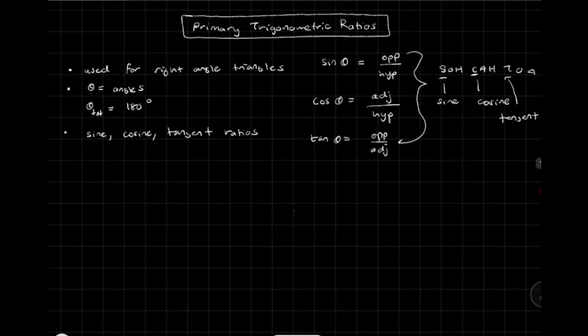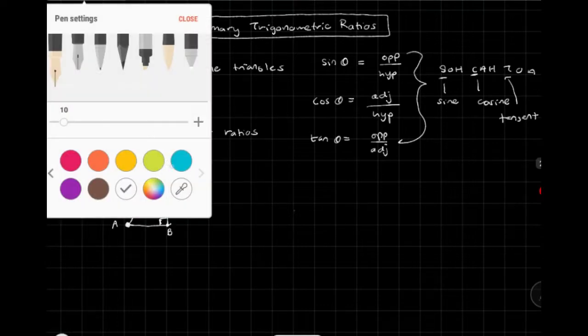Now let's take a look at what these side lengths mean. If we have a triangle here, it has to be a right angle triangle. You can only use these primary trig ratios for right angle triangles. Let's say that we label this triangle A, B, and C. You can note here that this right angle represents that it is a right angle triangle.